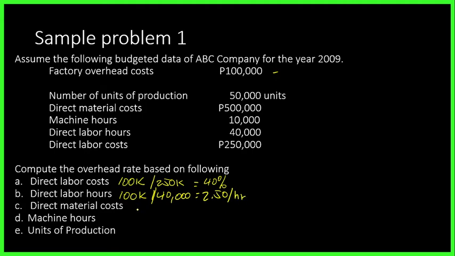If it is applied based on your direct materials, that will be 100,000 divided by your direct materials cost, which is 500,000. This will be around 20% or 0.2.